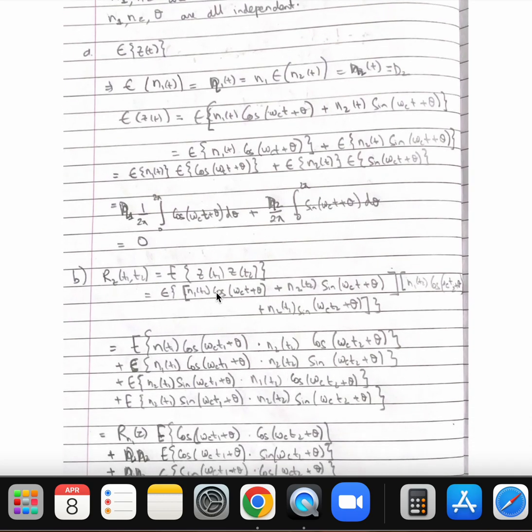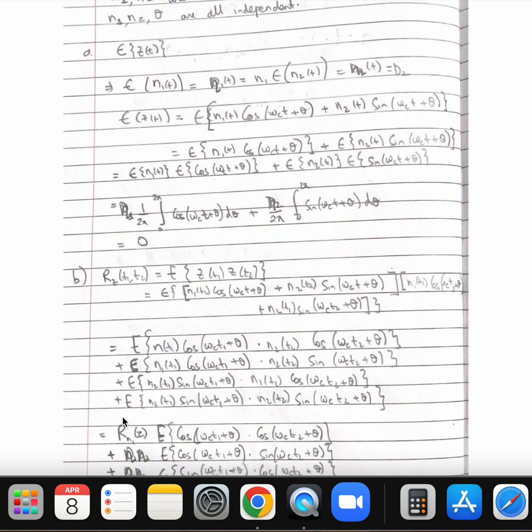Now we just multiply all the terms, which basically gives us 4 expected value terms. The first is the expected value of eta 1(t1) cos(omega_c t1 + theta) times eta 1(t2) cos(omega_c t2 + theta). The second term is the expected value of eta 1 cos(omega_c t1 + theta) times eta 2(t2) sin(omega_c t2 + theta). The third term is the expected value of eta 2(t1) sin(omega_c t1 + theta) times eta 1 cos(omega_c t2 + theta).